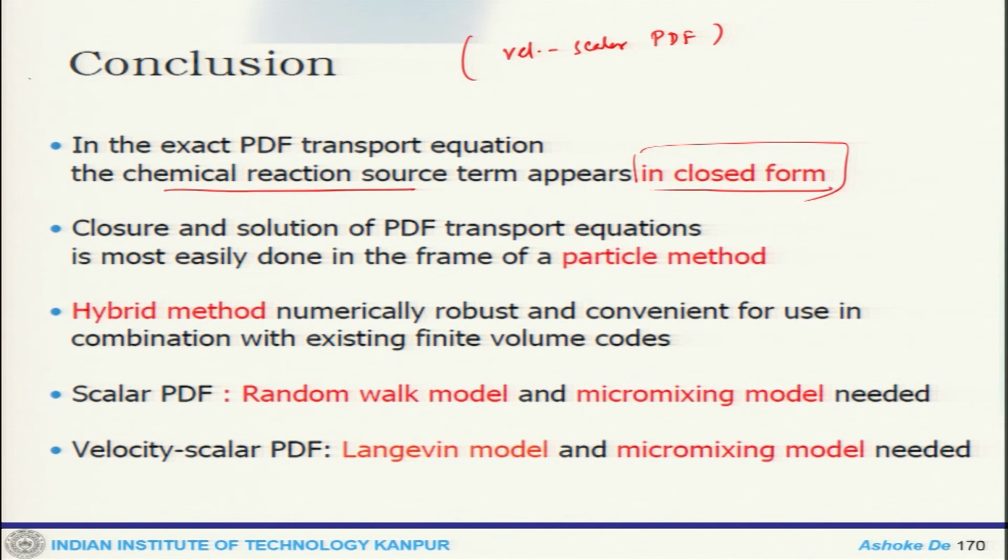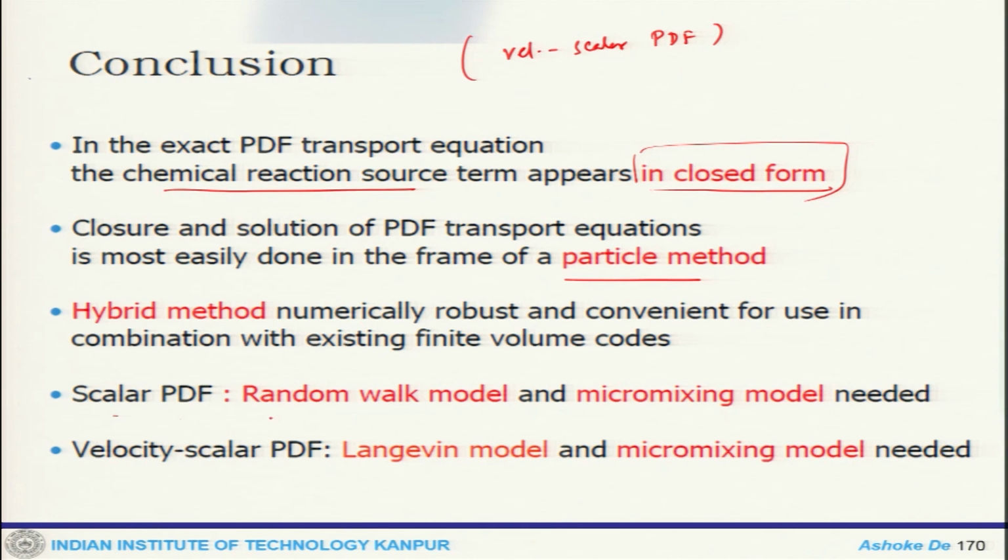Then the solution of the PDF equations is usually achieved with the particle method. So the framework is essentially a hybrid method, with both the Eulerian framework and the Lagrangian framework, which is numerically quite robust and convenient for use in combination with finite volume methods or codes.